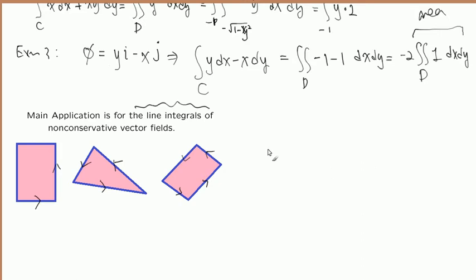Double integrals, Green's theorem, right? If I ask you to do that line integral and I didn't say anything else, you immediately think, oh, I'm going to use Green's theorem, right? So I'm not going to actually calculate all 4 boundaries, but I'm going to use Green's theorem in region D and calculate Qx minus Py dx dy.